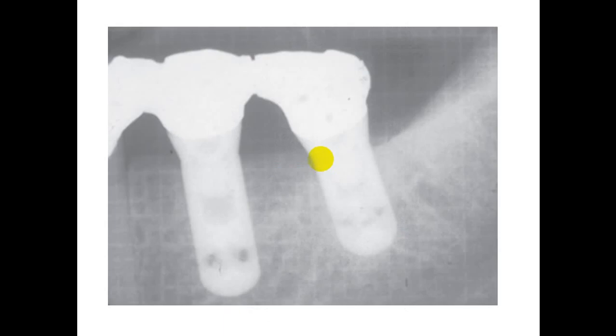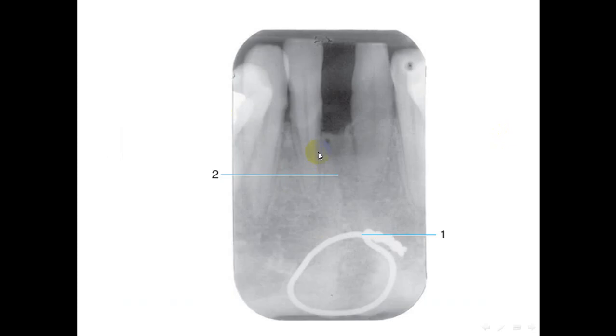This is a radiograph showing an implant inside the jaw with a crown over it. This is a surgical wire, a surgical material used to treat a fractured mandible.